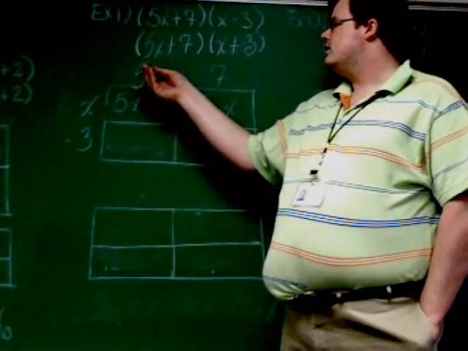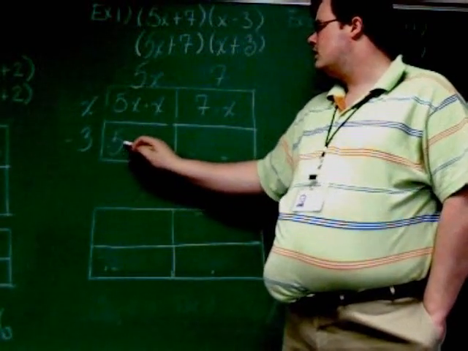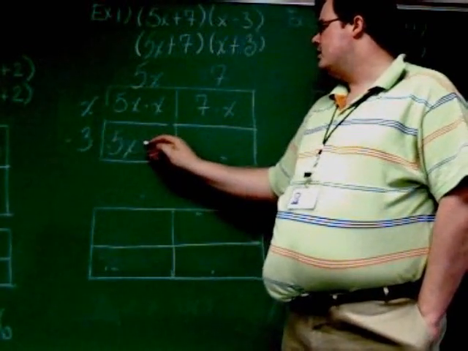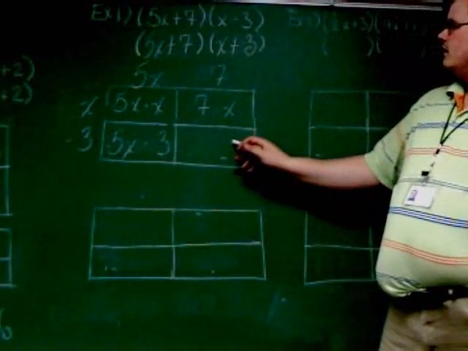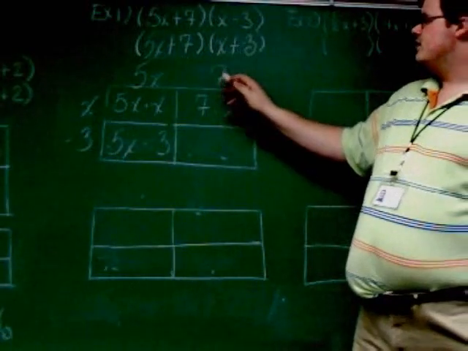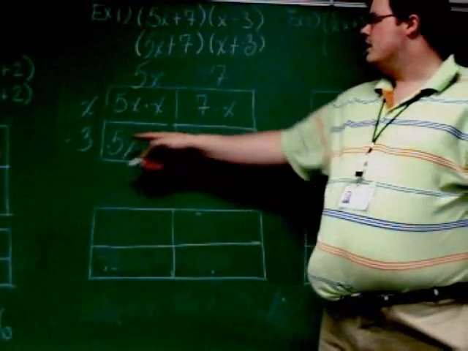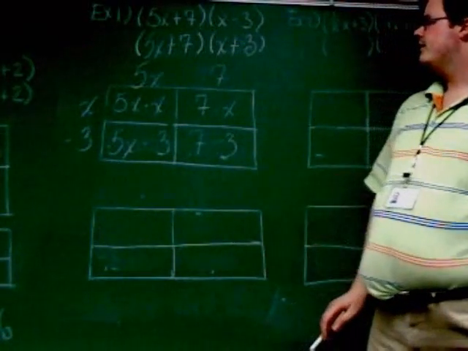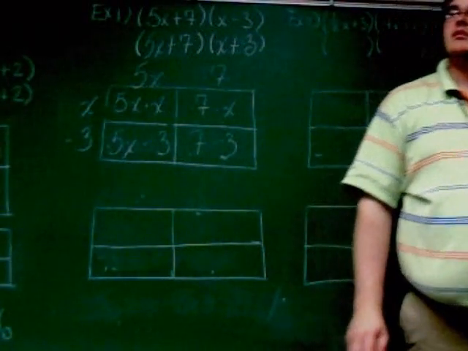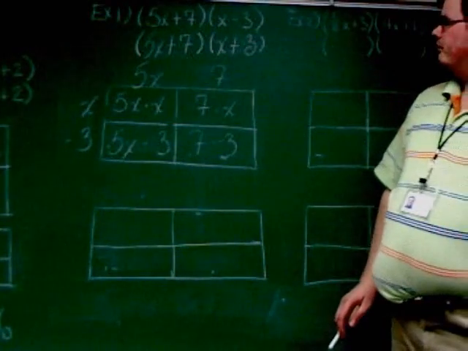This box has 5x above it, negative 3 to the left of it. And this box here has 7 above it, and negative 3 to the left. Does it matter which one you do first? Nope.